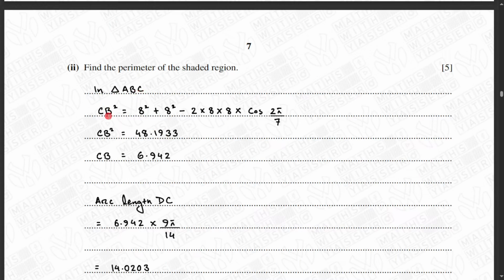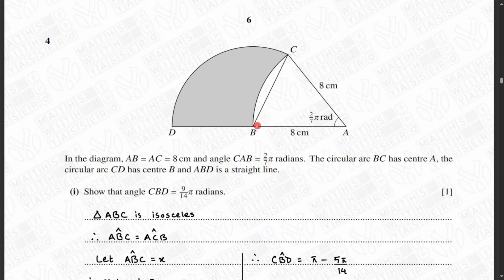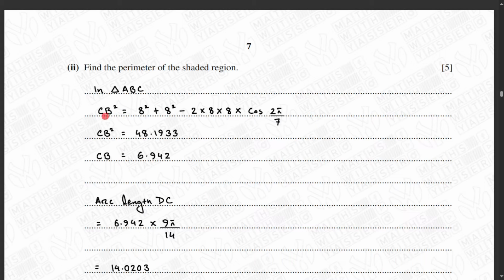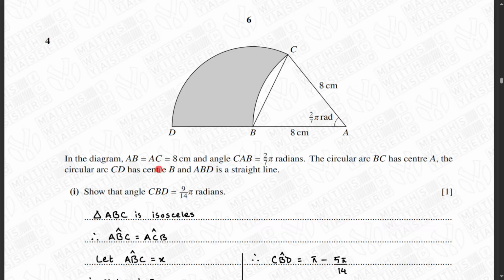So in triangle ABC, we are using the cosine formula to find the length of CB, which is this. We are trying to find the straight line CB. So CB square will be 8 square plus 8 square minus 2 times 8 times 8 cos 2 pi by 7. The reason why we are trying to find CB is because, as it was stated in the question, for the arc DC, B is the center.